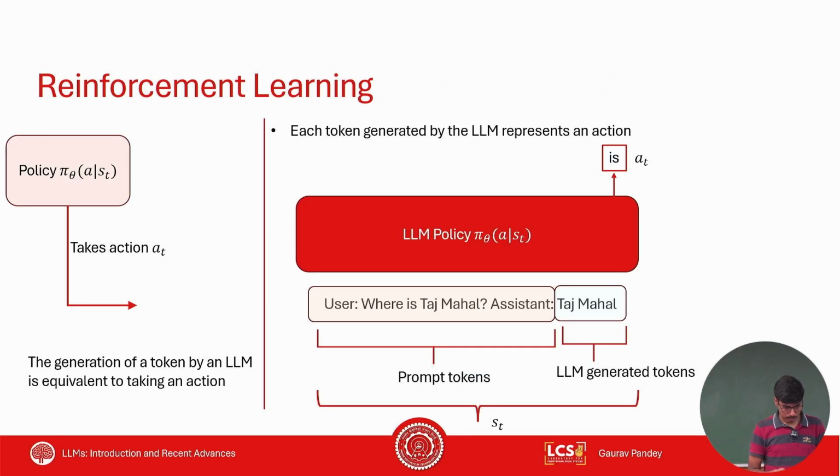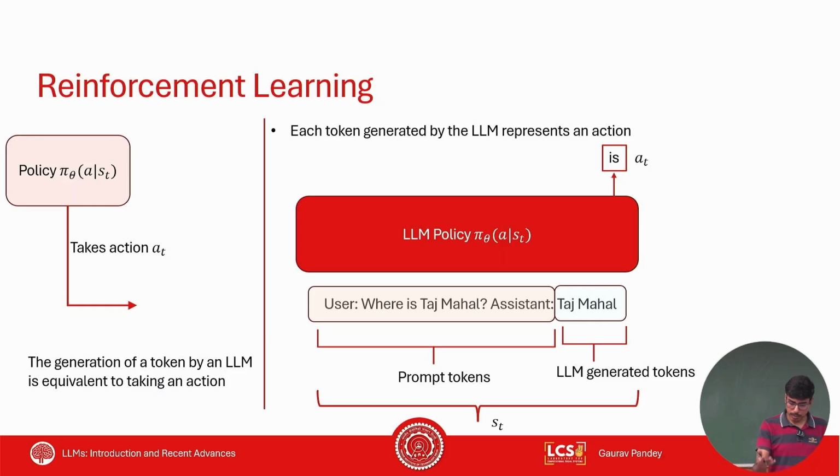So your policy takes an action a_t, and in the case of an LLM, the language model that you see on the right, the state that it receives is basically the prompt and the tokens that it has generated, which is S_t, and the LLM policy represents a distribution over the output tokens.